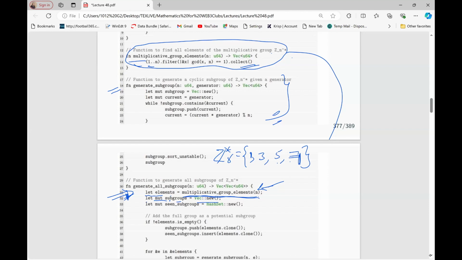Then let seen subgroups. This part I added just to ensure that there are no duplicates. So for this hash set, you have to put the subgroup there before you put it here. So the subgroup that is here is also here.